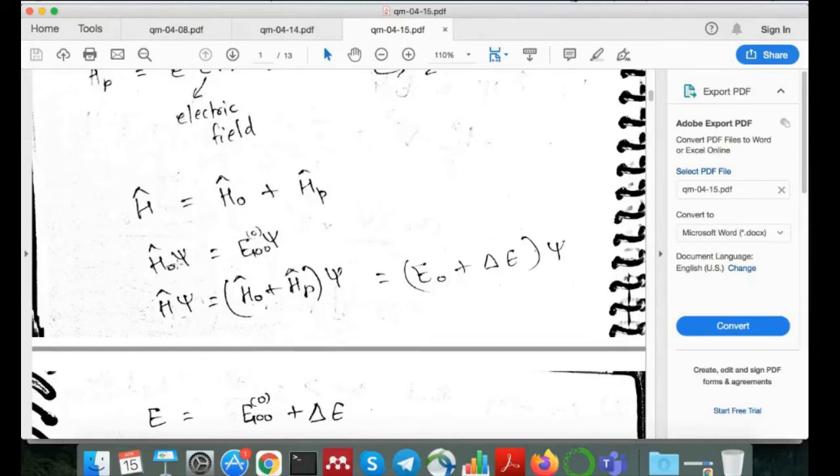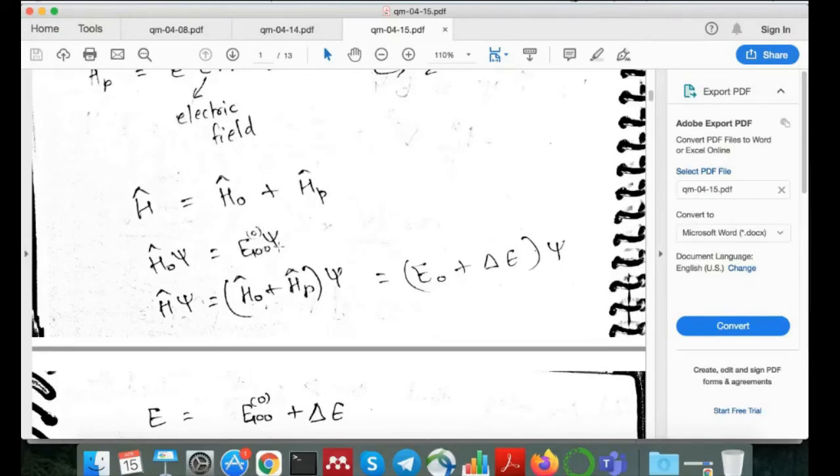The 1s state can be represented as 1, 0, 0: n is 1, l is 0, m is 0. So that's all I have done here. If you apply H naught to the ground state of the hydrogen atom, you're going to get E0 for the ground state multiplied with psi. This is all.